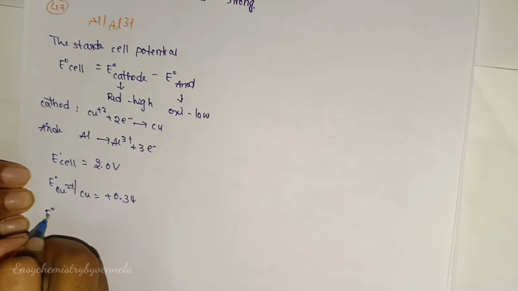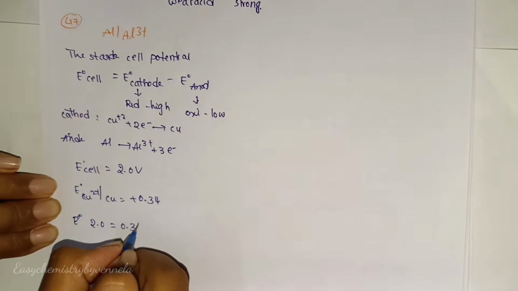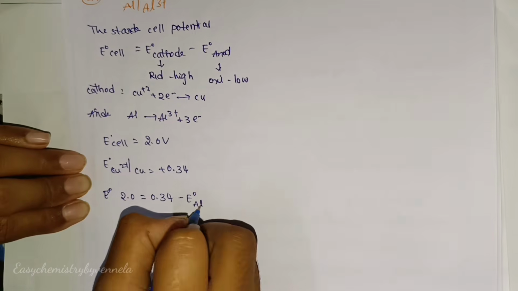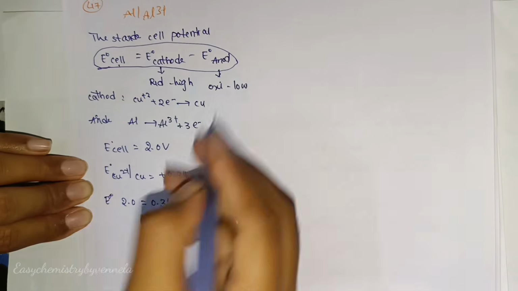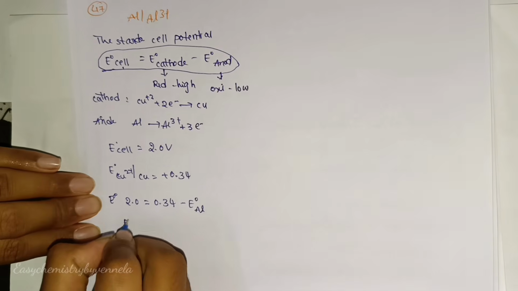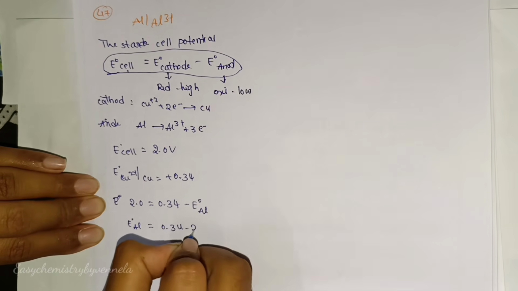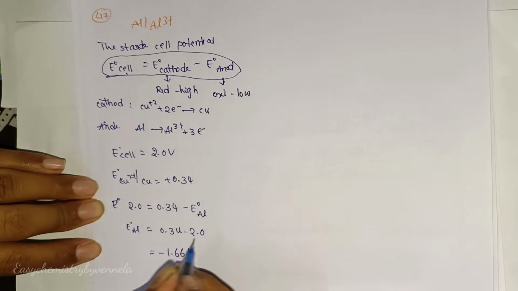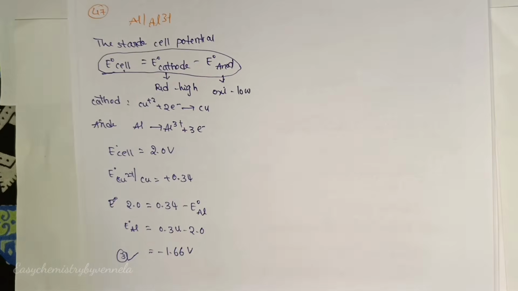You have to find out the aluminum. So 2 is equal to 0.34 minus E naught of anode, that is aluminum. You have to substitute in this formula. So E naught aluminum is equal to 0.34 minus 2.0. So minus 1.66 volts. The correct option is the third one.